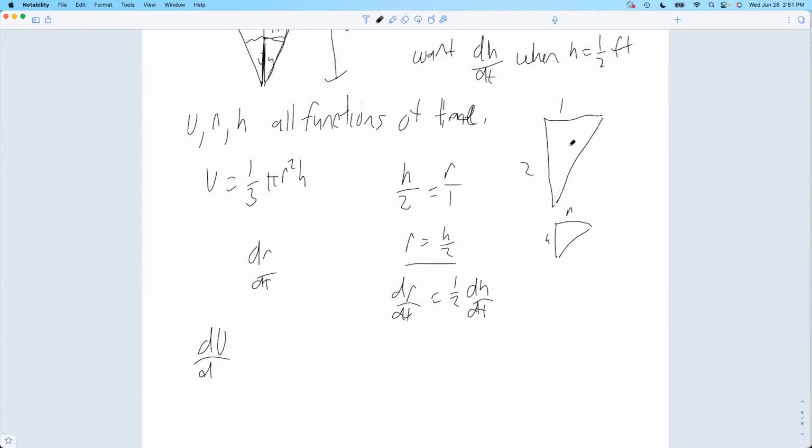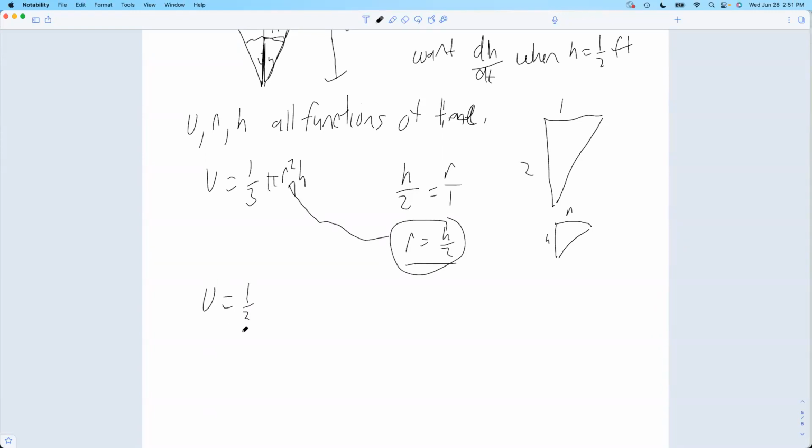I'm going to go back a little bit and show you a shortcut instead. I know r is a function of h. Here, I can erase this. I don't need this. So let's just plug that in right there.